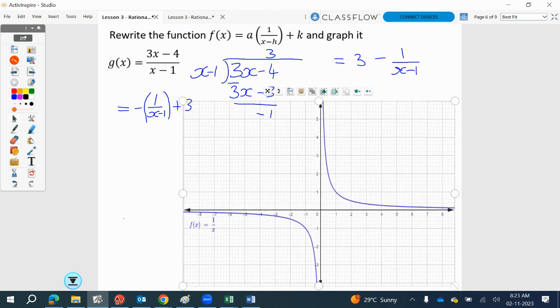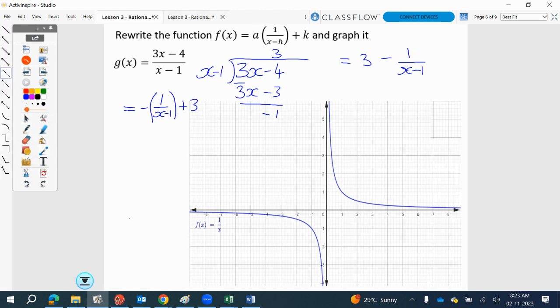So the function will be y is equal to negative 1. Are you talking about the vertical or the horizontal?